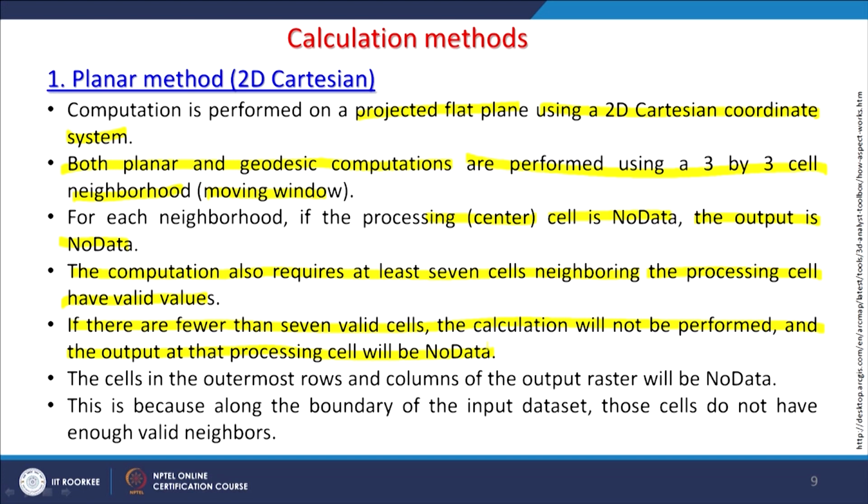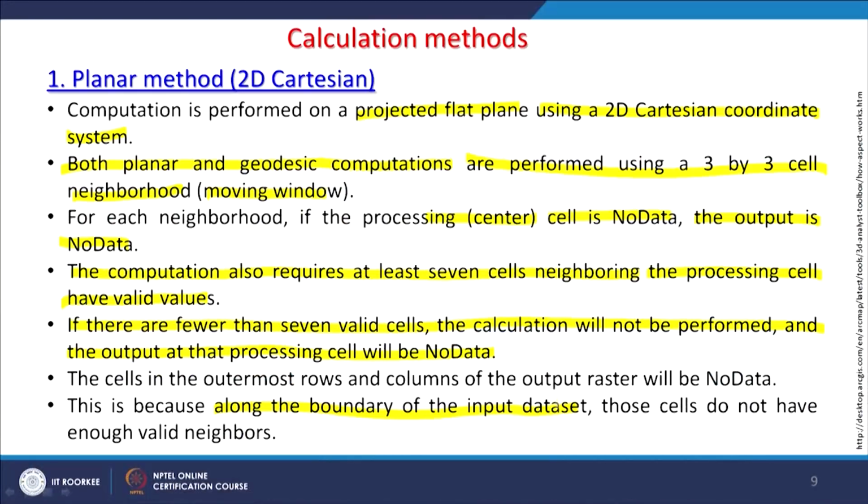And then cells in the outermost rows and columns, which I have repeatedly mentioned, will have no data, because beyond that you do not have the input. So, this condition of a requirement of 7 cells cannot be fulfilled for border cells, and therefore border cells, one cell thick, both in rows and columns, will have no data.